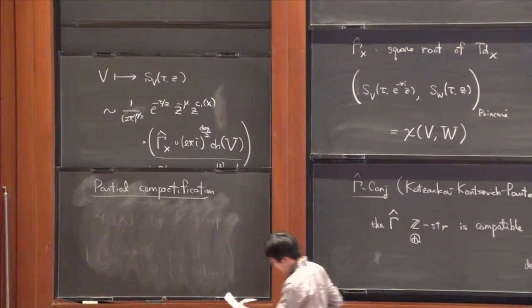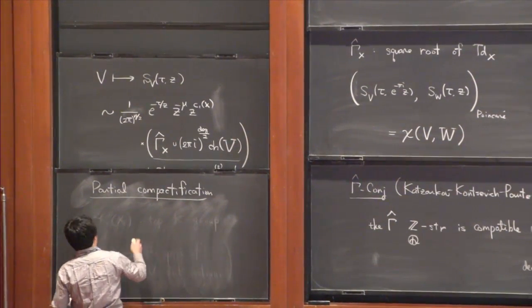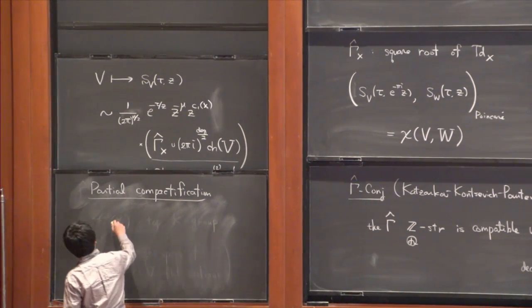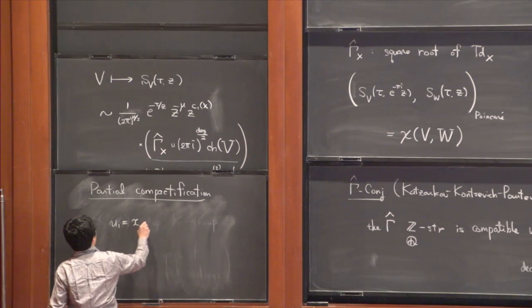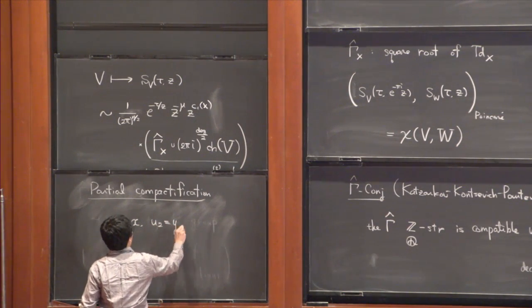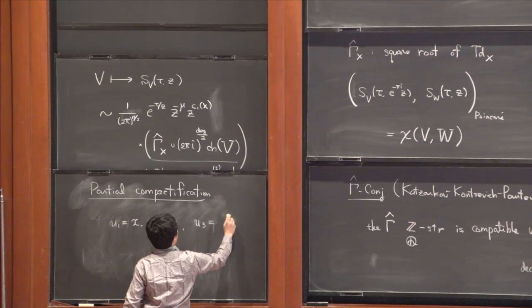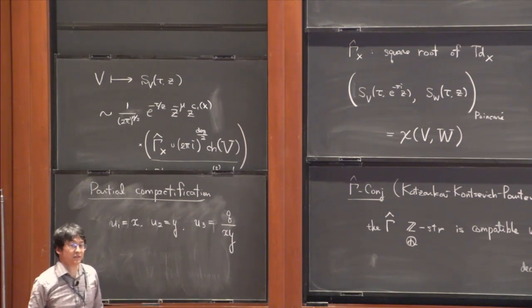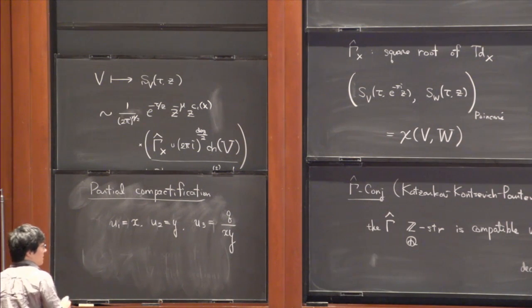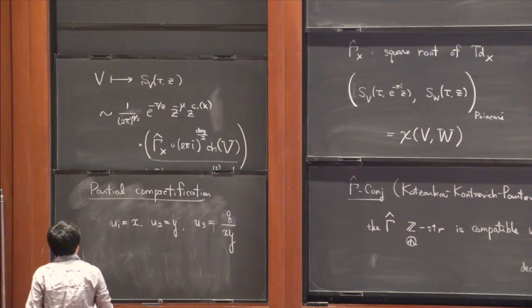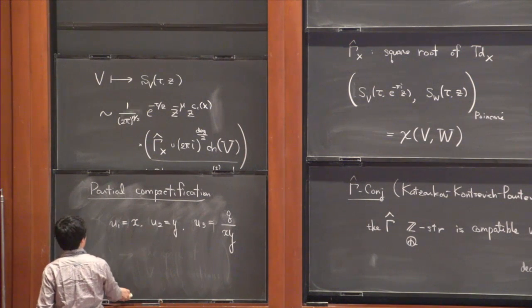So what I'm considering is the following. I put u1 to be x, u2 to be y, and u3 to be q over xy. Then obviously the product of u1, u2, u3 is q. And then I consider the following diagram.